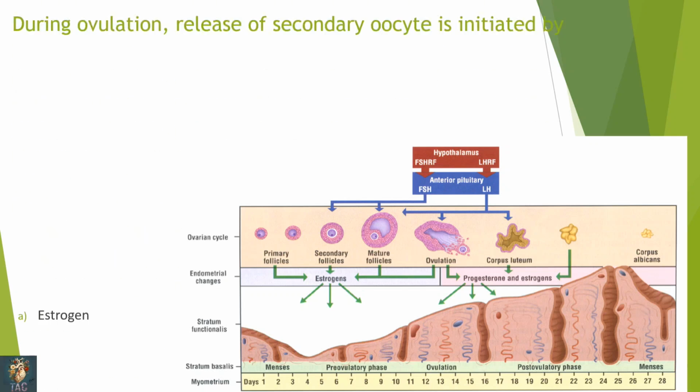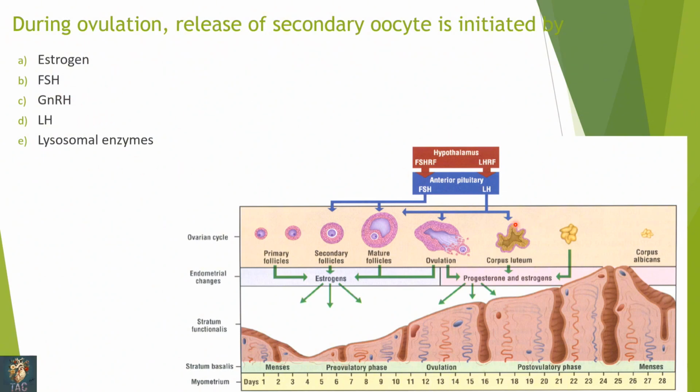Next is: during ovulation, release of the secondary oocyte is initiated by. There are different factors which may be involved in release of the secondary oocyte during ovulation: estrogen, FSH, GnRH, LH, or lysosomal enzyme.